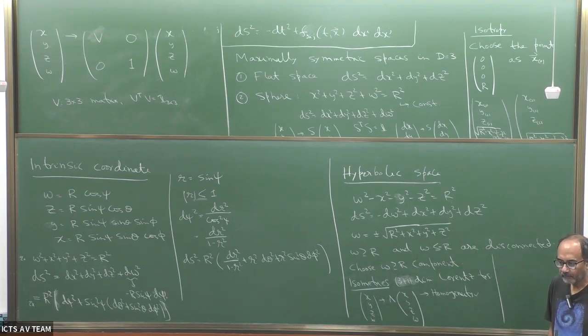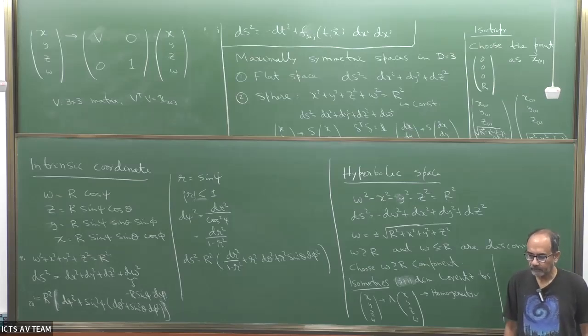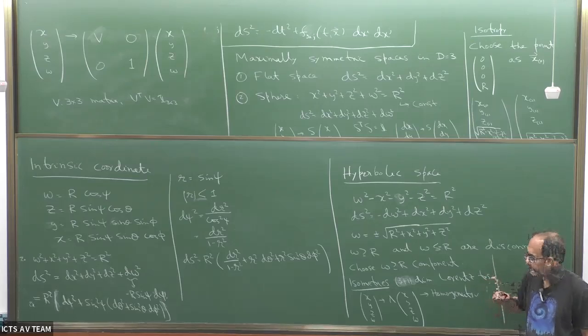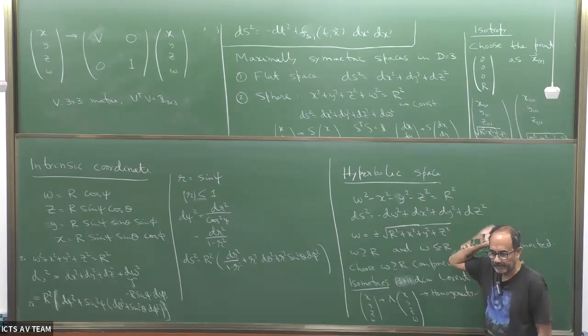Someone can always talk about, if I want to go from the upper hyperbola to the lower hyperbola, this is not possible in this kind of Lorentz transformation. Proper Lorentz transformation, yes. If you include the W goes to minus W transformation, then it is possible. But we are not using that. We are saying that our space is only the upper part of the hyperbola.